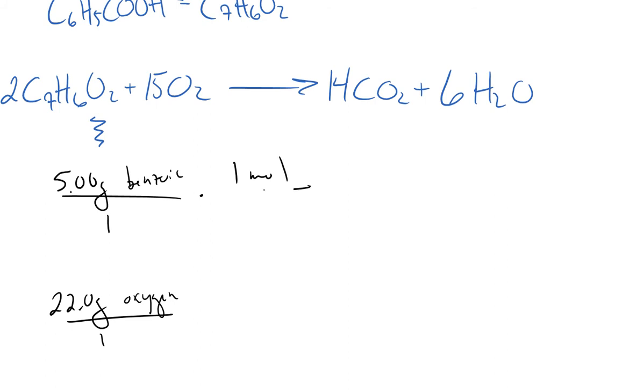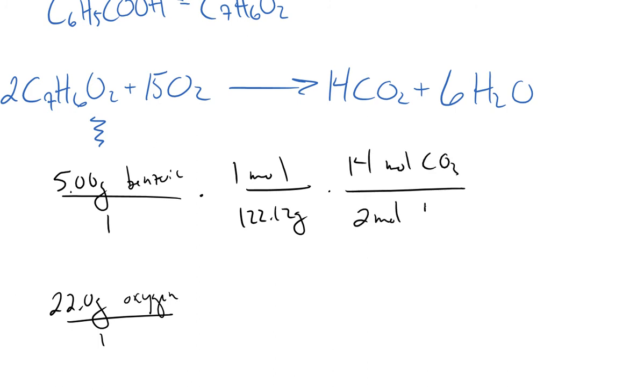Benzoic acid has a molar mass of 122.12 grams per mole, and the mole-to-mole ratio is 14 moles of CO2 forming for every 2 moles of benzoic acid consumed. This yields a potential 0.287 moles of CO2.